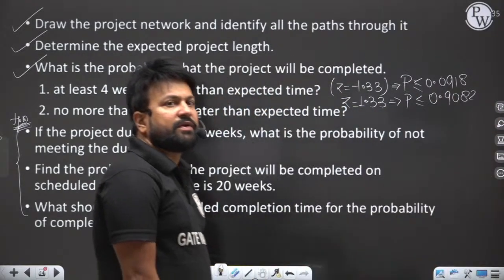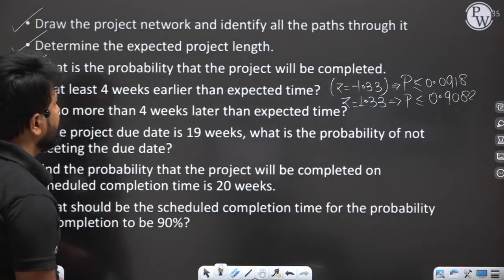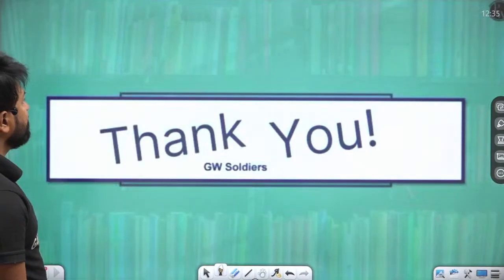Okay, so I'm going to start. First of all, draw the project and identify all the paths through it.